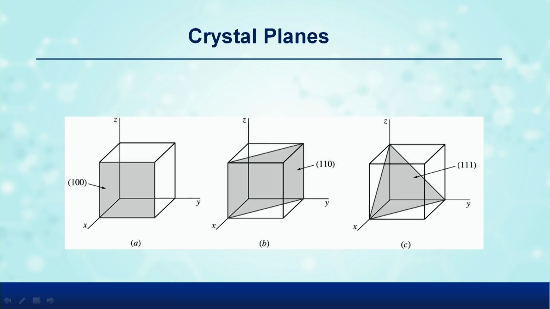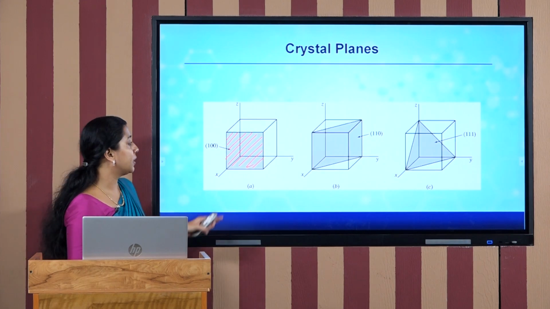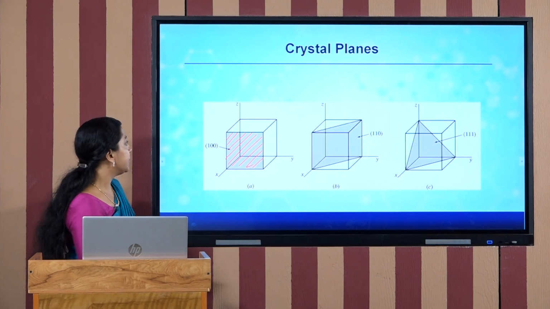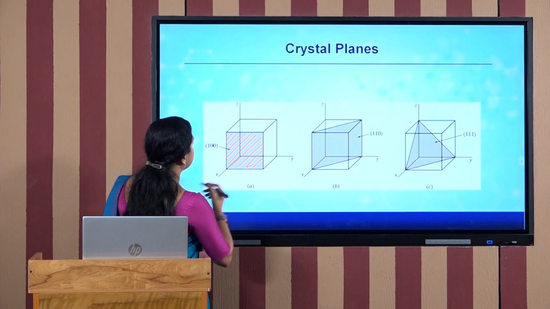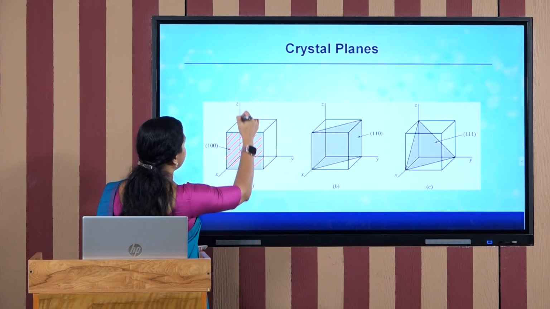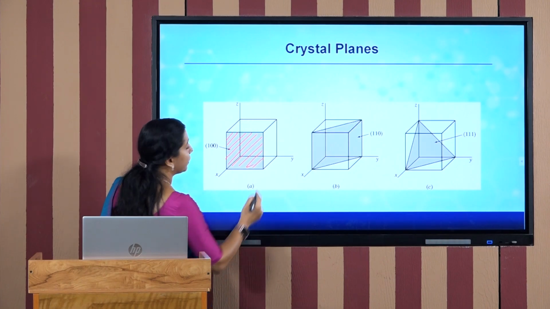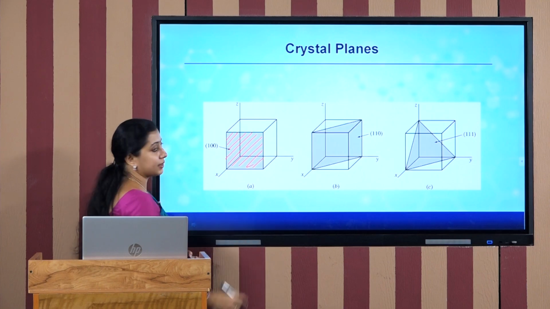In figure A, we can see this shaded portion. This is a cubic crystal, and this shaded portion represents a plane. You can see that it is parallel to the z axis, parallel to the y axis, but it cuts the x axis.